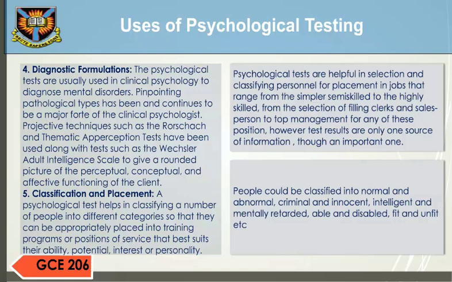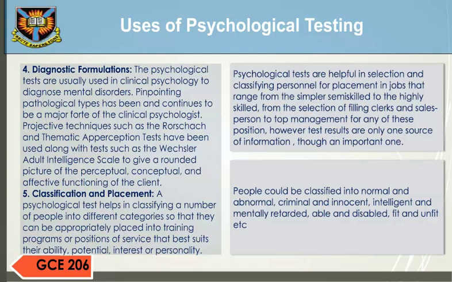Pinpointing pathological types has been and continues to be a major function of the clinical psychologist. Projective techniques such as the Rorschach and Thematic Apperception Tests have been used along with tests such as Wechsler's Adult Intelligence Scale to give a rounded picture of the perceptual, conceptual, and affective functioning of the client.